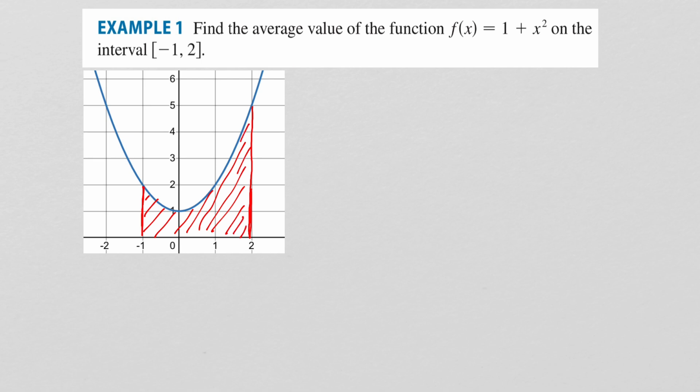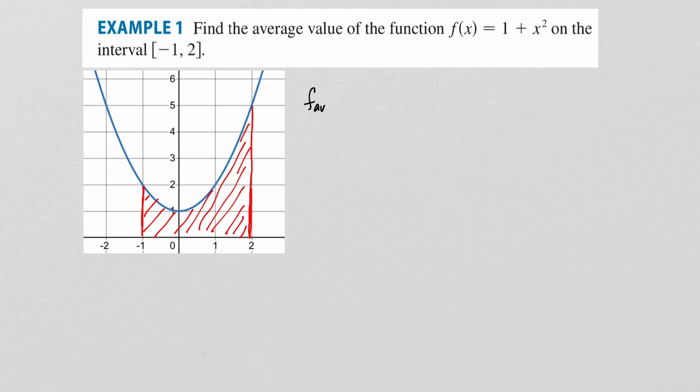The average value of the function is going to be some number on the y-axis such that the area under the corresponding rectangle will equal the area under this curve. I'm going to guess that that value is somewhere in here. Let's go ahead and compute it.